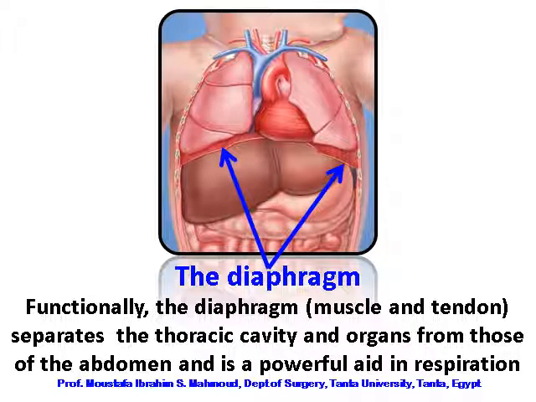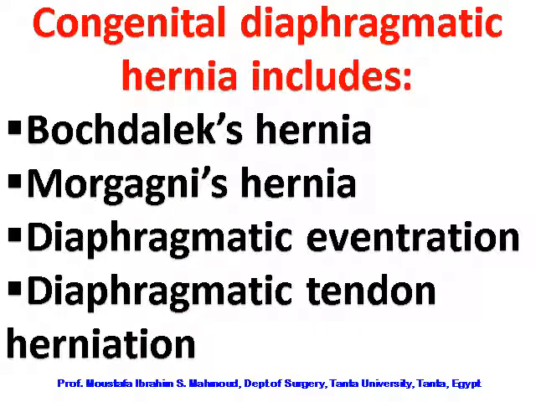Functionally, the diaphragm muscle and tendon separates the thoracic cavity and organs from those of the abdomen and is a powerful aid in respiration. Congenital diaphragmatic hernia includes Bochdalek's hernia, Morgagni's hernia, diaphragmatic eventration, and diaphragmatic central tendon herniation.